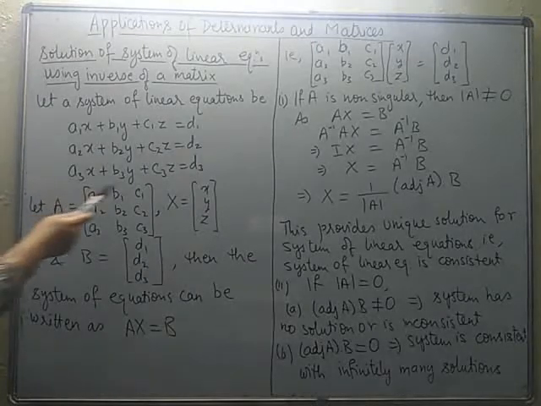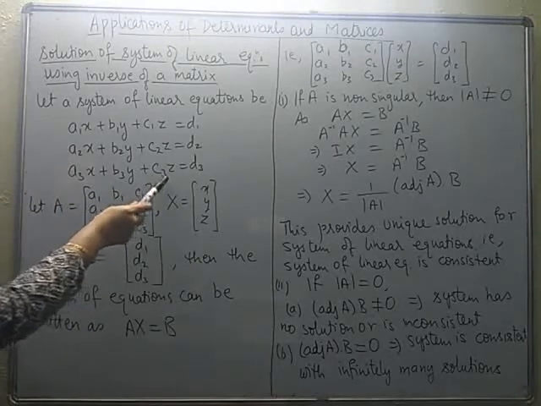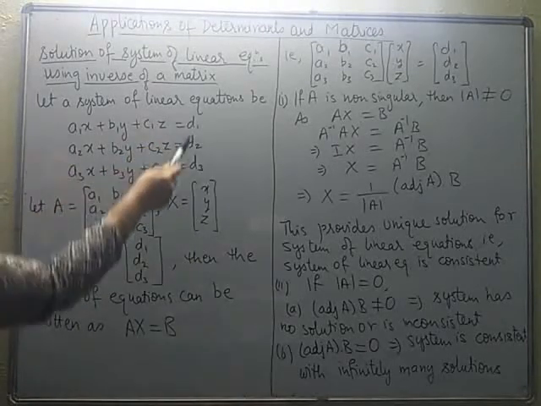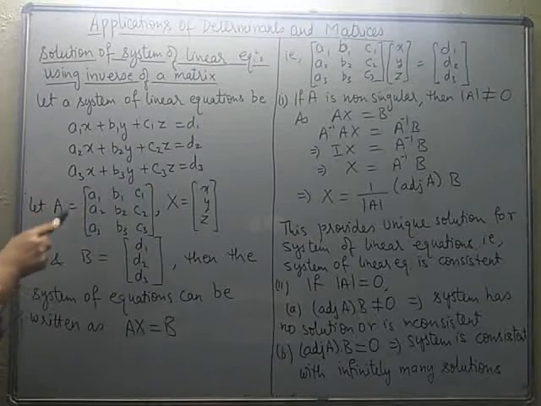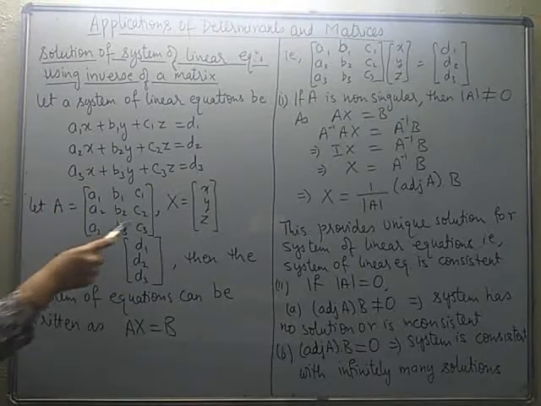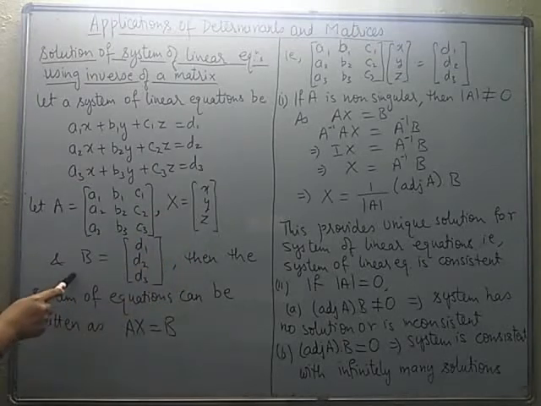So assuming this is a heterogeneous system of linear equations, you can see it consists of constants, variables and the coefficients of the variables. I have assumed A to be the matrix of coefficients, capital X is denoting the matrix of variables and B is denoting the matrix of constants.